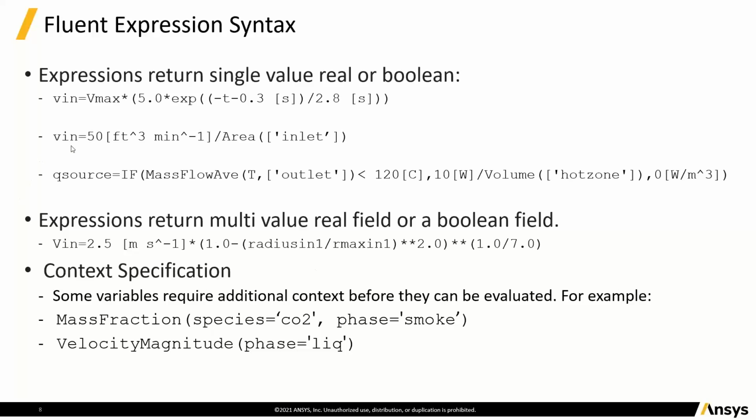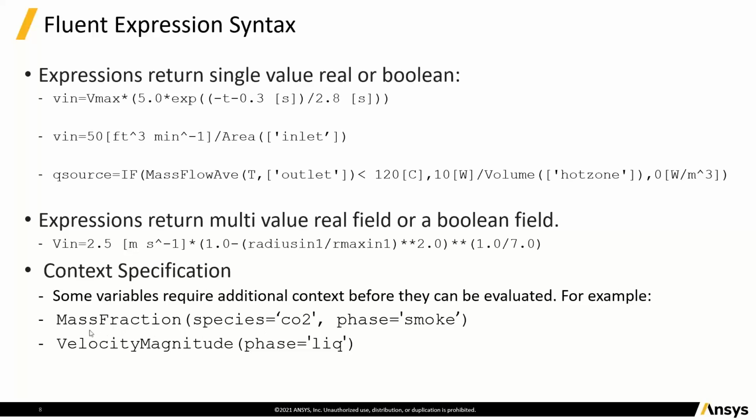Most things are just the variable, but we know as soon as we get into slightly more complex simulations, we might have to have some qualifications on variables. So if we have a multi-species setup, then if we want the mass flow of a certain species, we've got to be able to tell it what species, or if we want a mass fraction here.